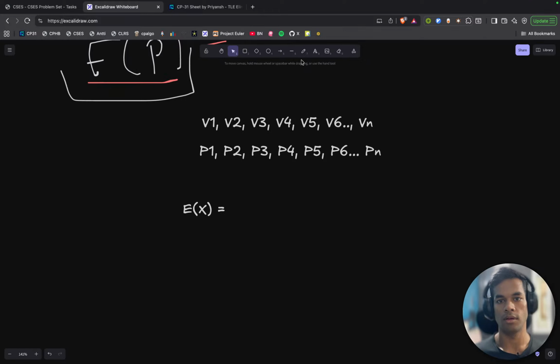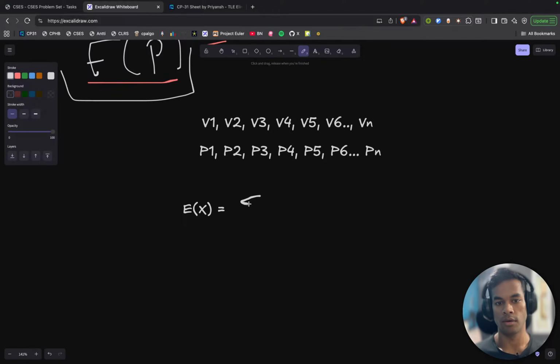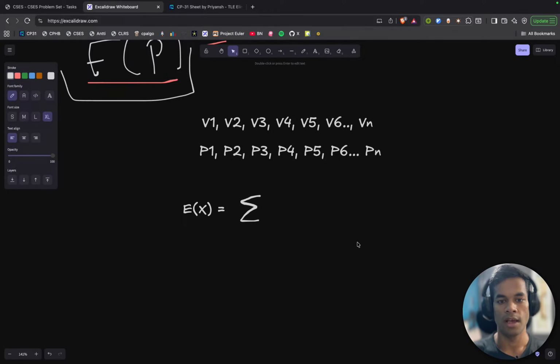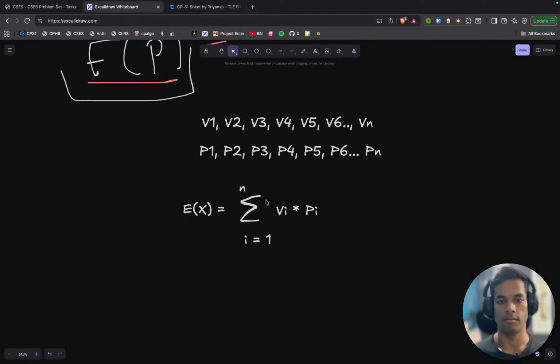and this will be equal to summation. I don't know how to make the summation symbol from keyboard, so we will have to work with this summation, and we will have vi multiplied by pi, and I will go from 1 till n.